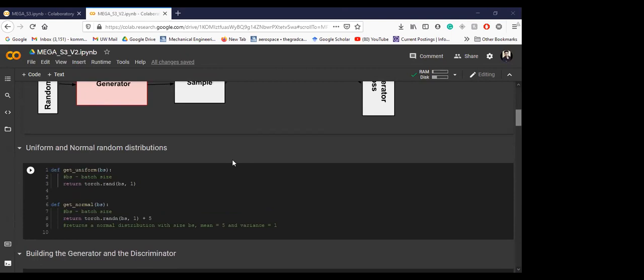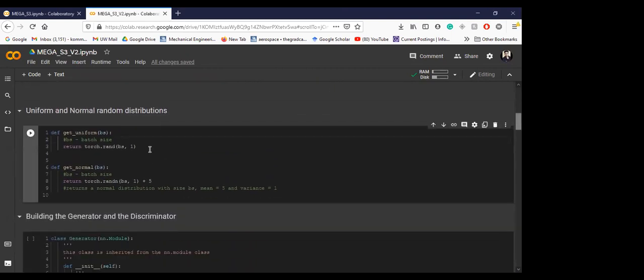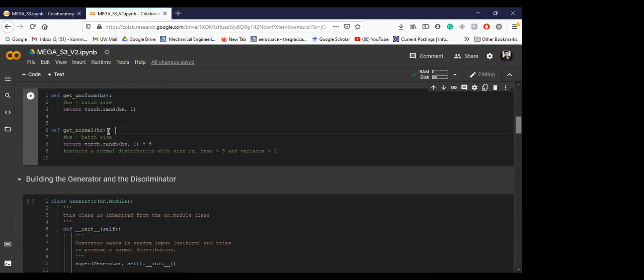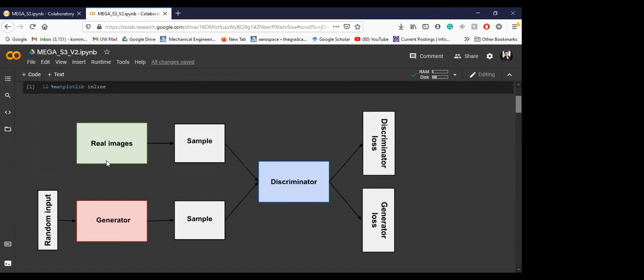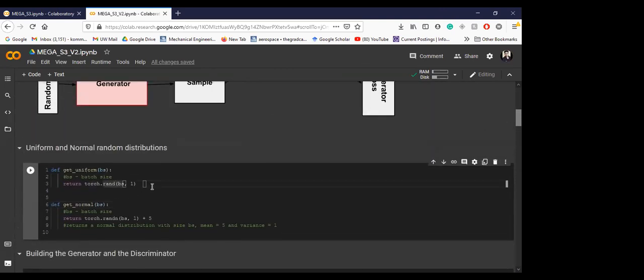Okay, so let's begin by writing the distributions. So I have a uniform distribution which I'll be using as an input to the generator, and we have the normal distribution which will be our input data set. So I just say torch.rand(bs, 1), which is basically the uniform distribution.